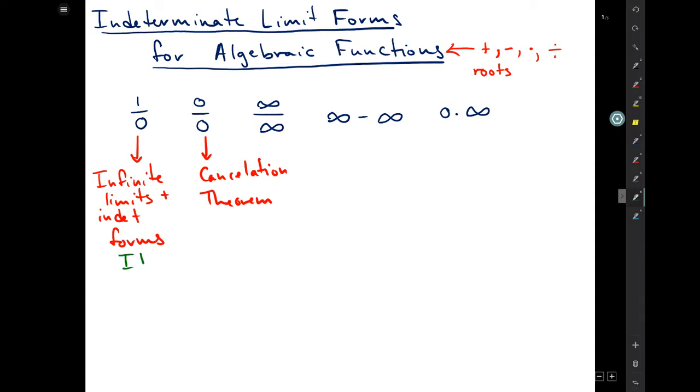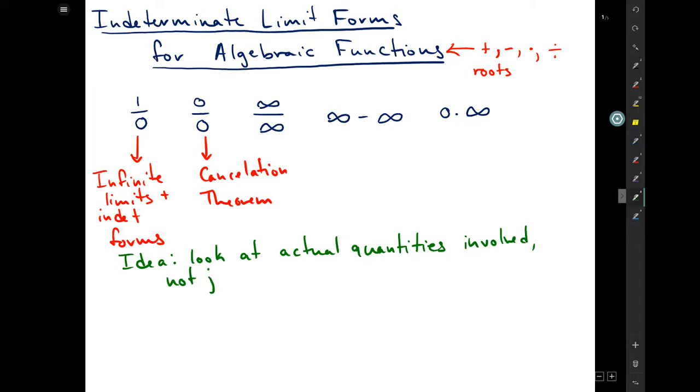You have to look at the actual quantities involved, not just the form, to determine the limit and the overall behavior.